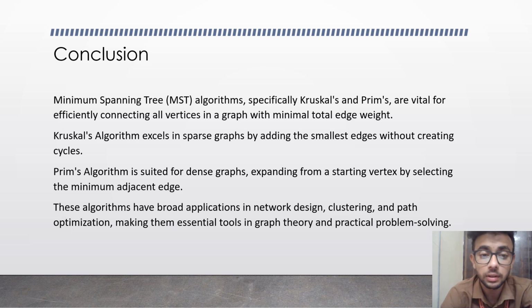Prim's algorithm is suited for dense graphs, expanding from a starting vertex by selecting the minimum adjacent edges. These algorithms have broad applications in network design, clustering, and path optimization, making them essential tools in graph theory and practical problem solving.